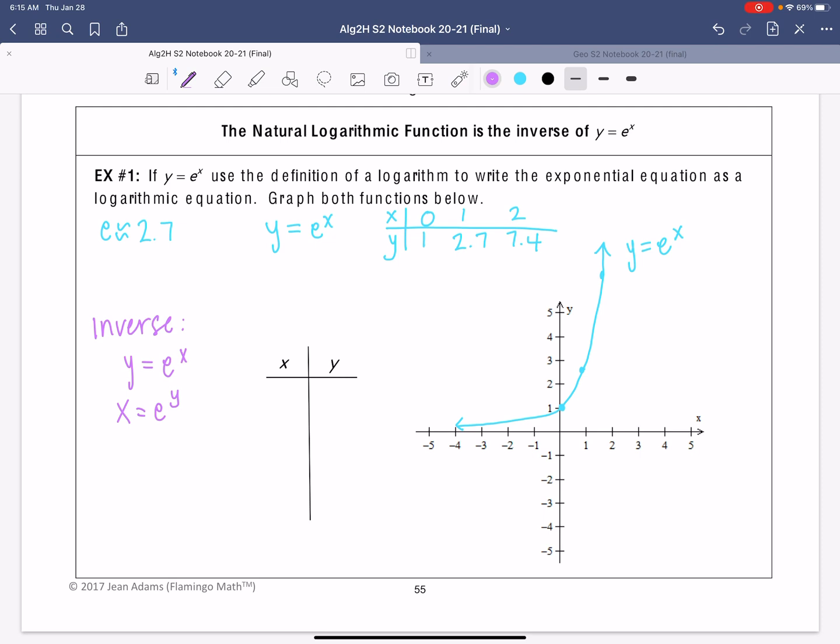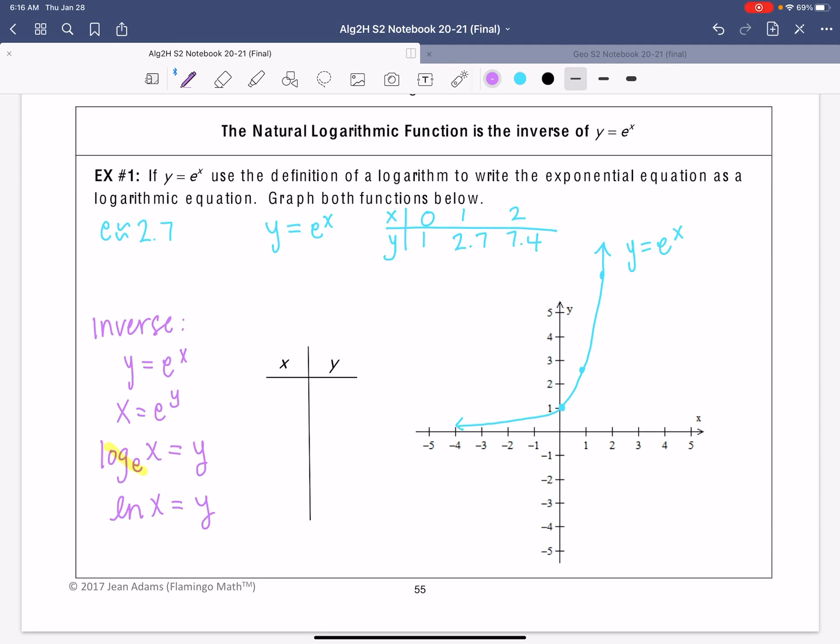So it goes log base, answer equals exponent. So we have log base e, answer is x, equals my exponent y. We just learned log base e is really natural log. So we're going to use ln of x equals y. So the natural log of x equals y.